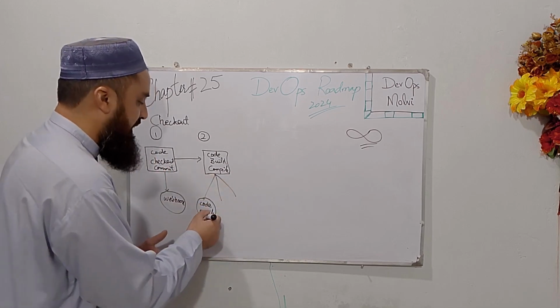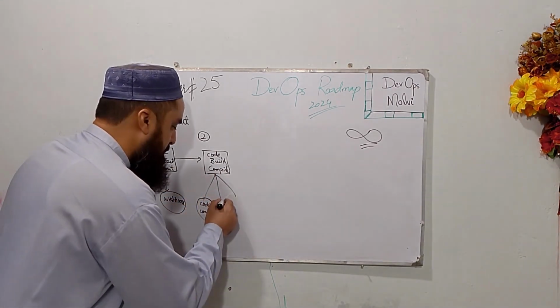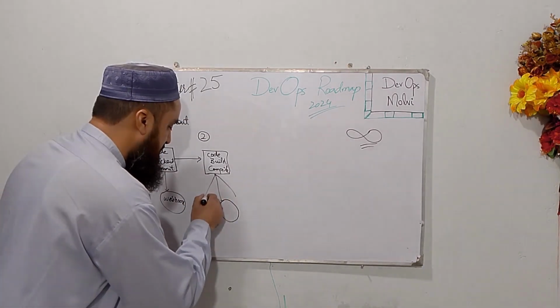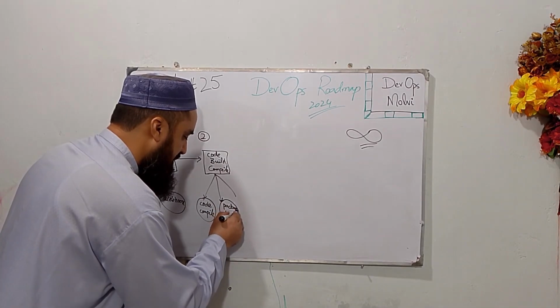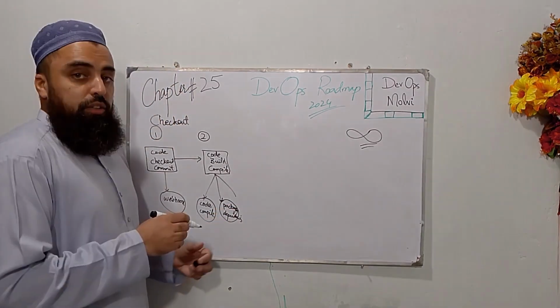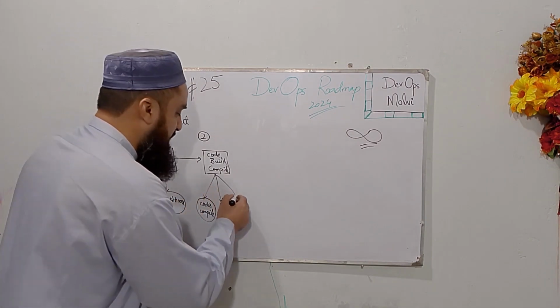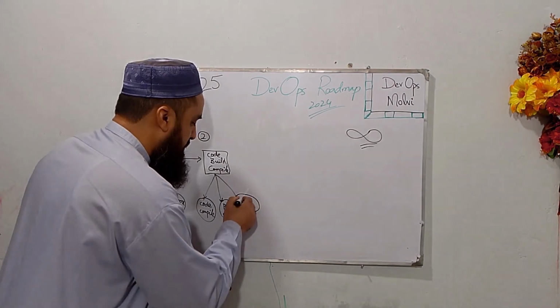So code compile actually compiles the code, and then the dependencies are packaged. So the dependencies are packaged, code is compiled, and we get the final form of the artifact.